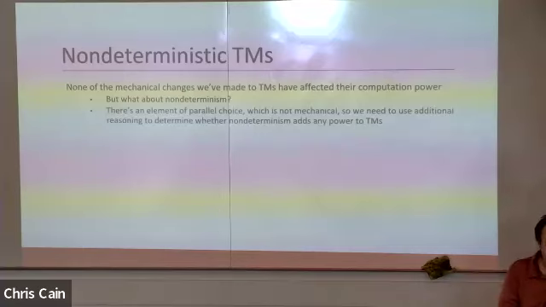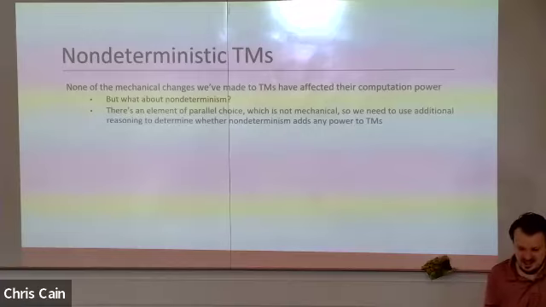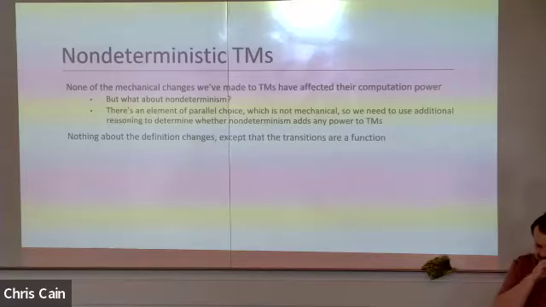So parallel choice, this isn't mechanical. This is not something we could program a Turing machine to do, but we reach now a more theoretical argument of if we could create a non-deterministic machine that was capable of simulating multiple things at the same time, what would that look like? So again, nothing about the definition changes, except that the transitions are now a function.